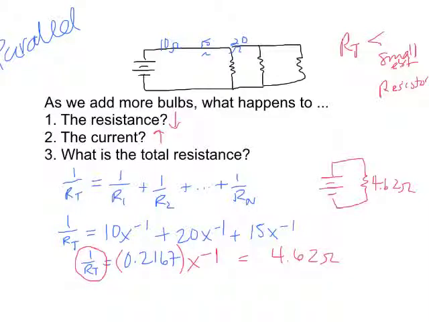If you think about it, our smallest resistor was the 10 ohms, and 4.62 is smaller than that, so we're okay. Just be really, really careful. Probably the most common mistake anybody's ever going to make is forgetting to do that x to the -1.